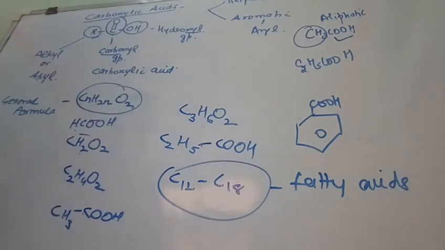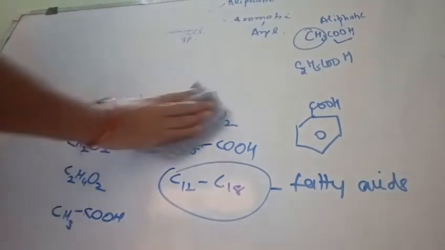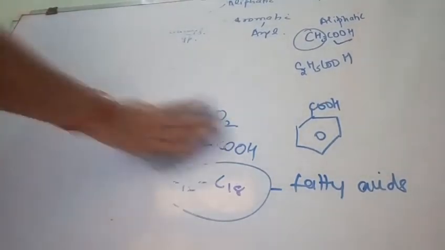Now let us study about the nomenclature of carboxylic acids. So in carboxylic acids, there are two types of names. We will study their common names as well as IUPAC names.